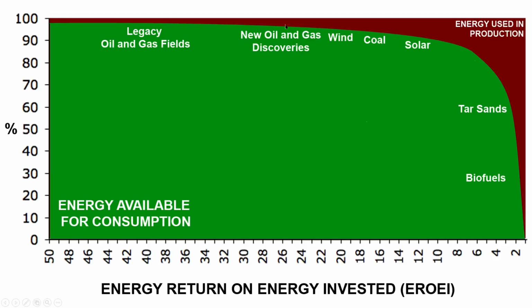But over time, we're going after harder and harder to get oil, like shale oils and tar sands. It takes a lot more energy to get the energy. So you end up expending a lot more energy on the production of energy itself, and you get a less and less percentage available for consumption by society.